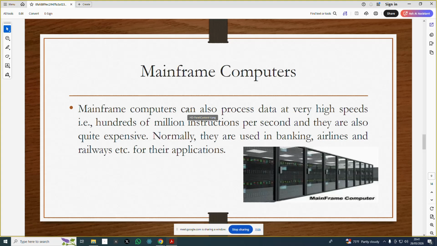Five minutes. So can you give me answers? What do you think differentiates supercomputers from mainframe computers?